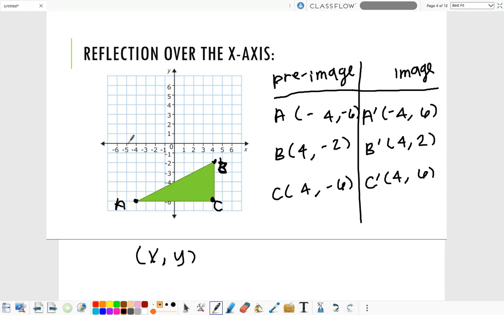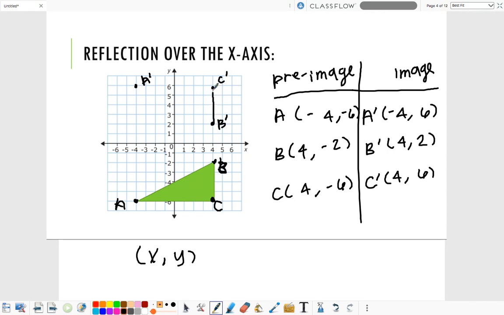And we can check our work. That's the beauty of these types of graphs, is we can check our work by putting it on the graph and making sure it's the same distance from the x-axis. So we have -4, 6, 4, 2 for B prime. Oh, and I forgot my prime up here. That's an important part. And then C prime is 4, 6.